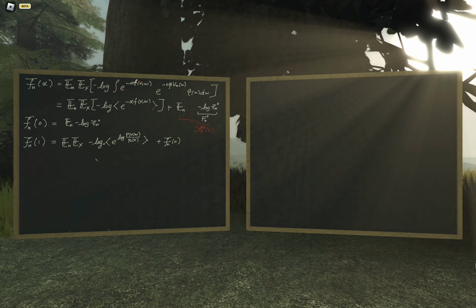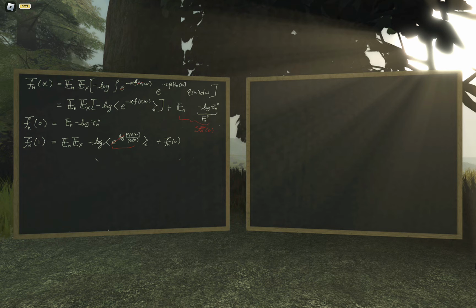Well, the exp and logs cancel, and p_0 doesn't depend on w. I should annotate this little n everywhere in the bracket, because that will be important later. So p_0 doesn't depend on w, so it is not affected by the posterior average.